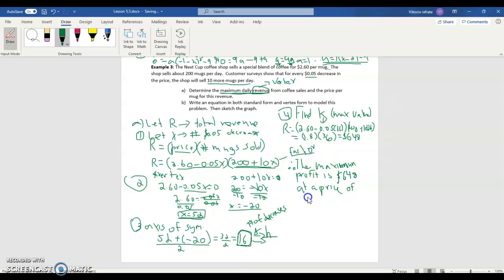So the price is $1.80 per mug. There's a point where if you decrease the price too much, you'll obviously be in the negatives, and you don't want that.